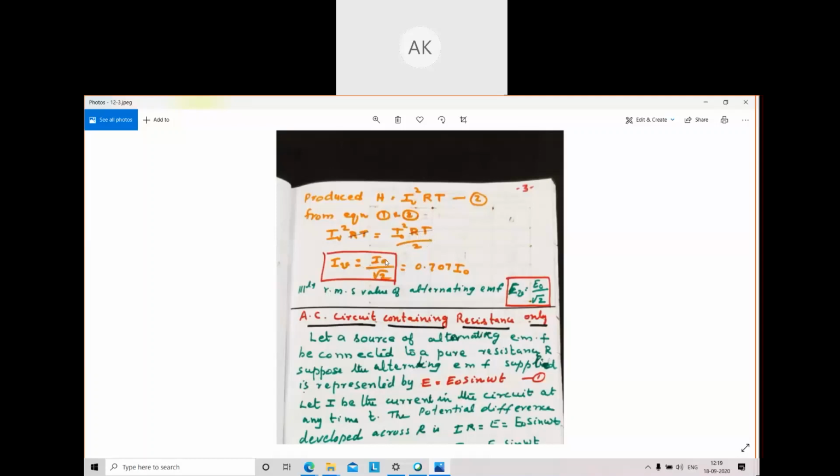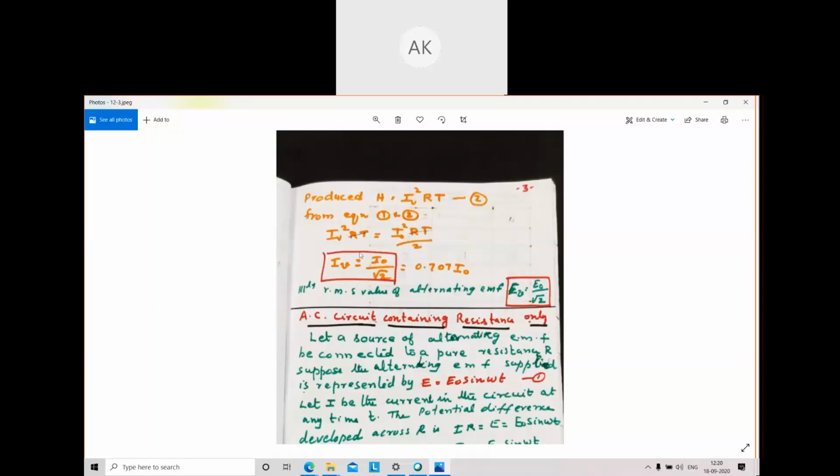I0 is the peak value. I0 by root 2, and 1 by root 2 is 0.707. What is the value of root 2? 1.414. So when you do that calculation, we get 0.707 I0.